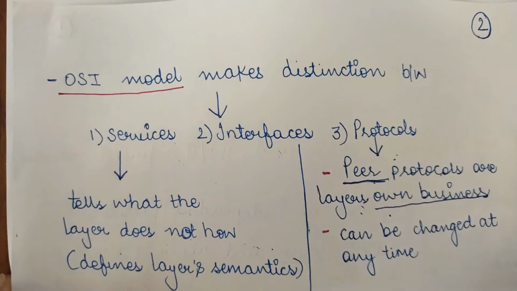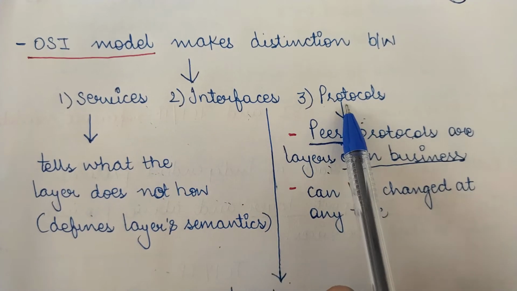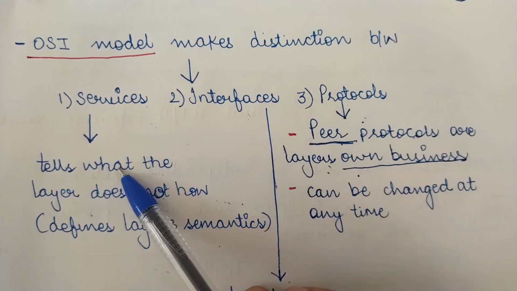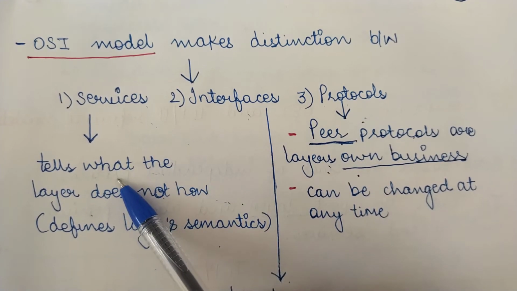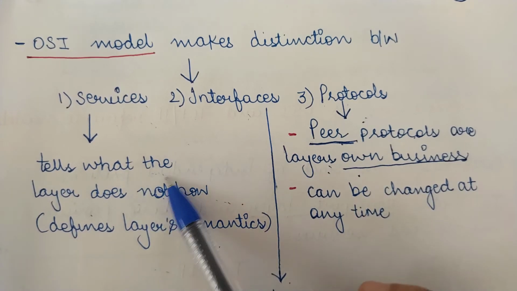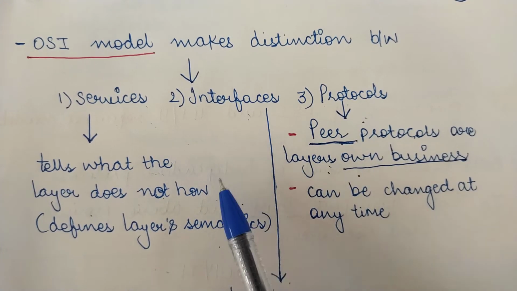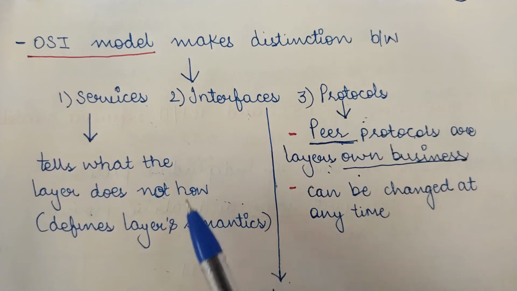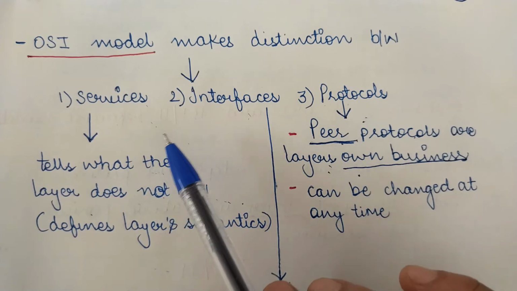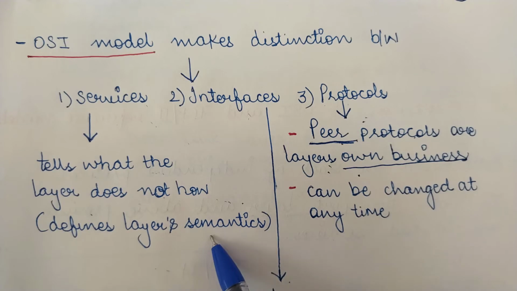Now, how does the OSI model make distinction between the services, interfaces and protocols? If I talk of services, what are services? Services are basically telling the layers what the layer does, not how it does it. That means a layer above will only know what services it will be provided by the layer below it. But how that layer is providing those services, this layer will not know. So basically services define the layer's semantics.